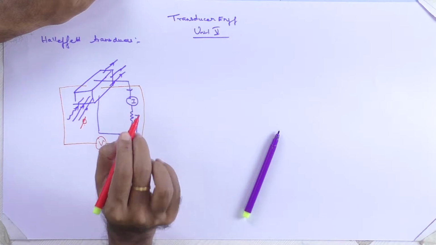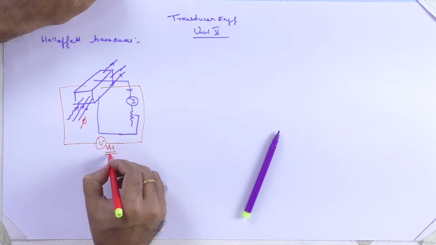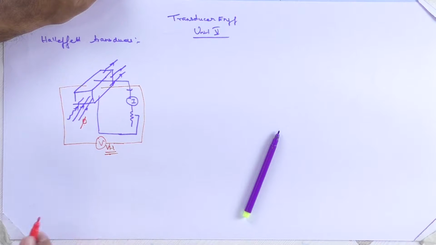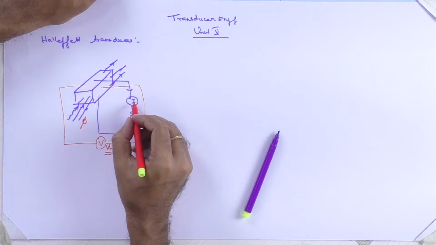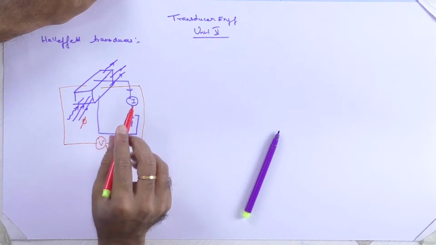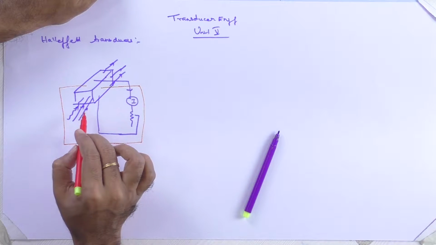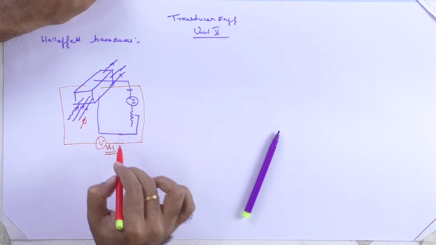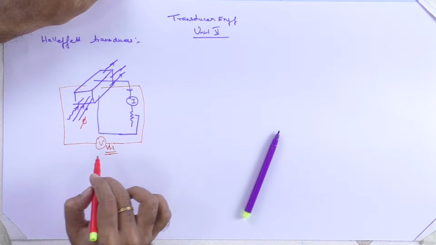This is the typical Hall voltage produced, and it is a passive element because we are giving an external supply. So by changing the current value or the flux value, we are able to adjust the Hall voltage.